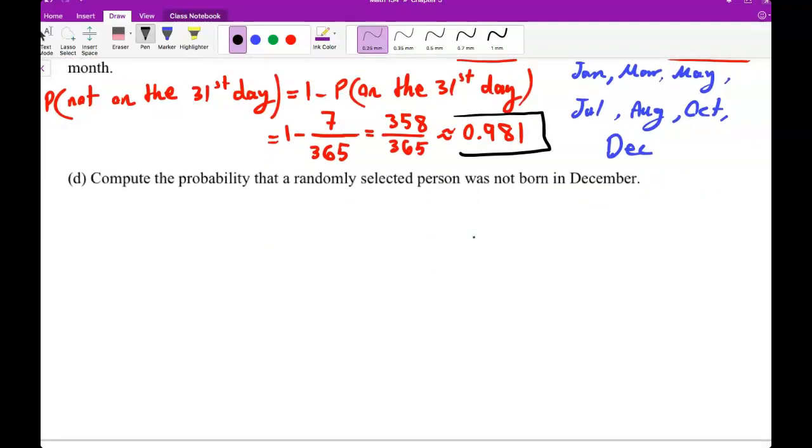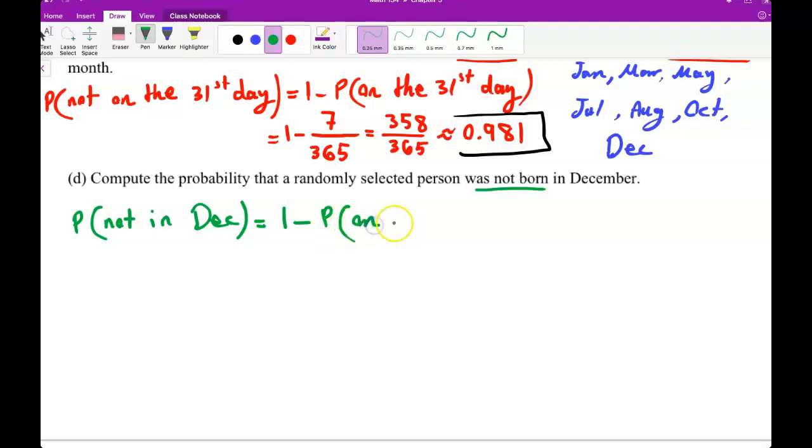Part D, compute the probability that the randomly selected person was not born in December. Again, not. So it's not in December. You should subtract, 1 minus probability that it's in December.